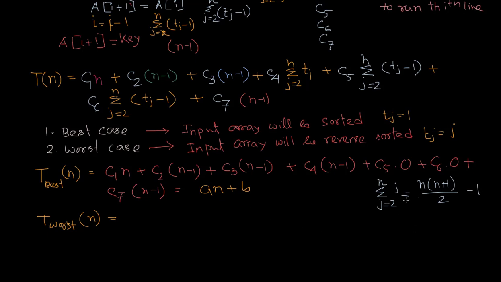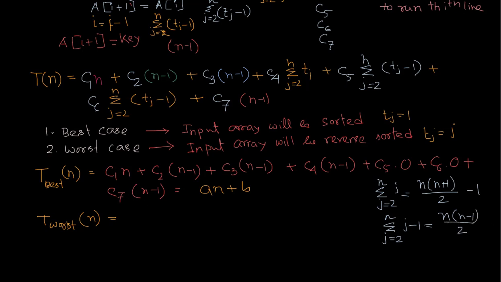If you want me to cover this proof as well, just let me know, I'll try to prove that one as well. And there will be another term, summation j equals 2 to n of j minus 1, because of this term over here, right? So this will be n into n minus 1 over 2, right?